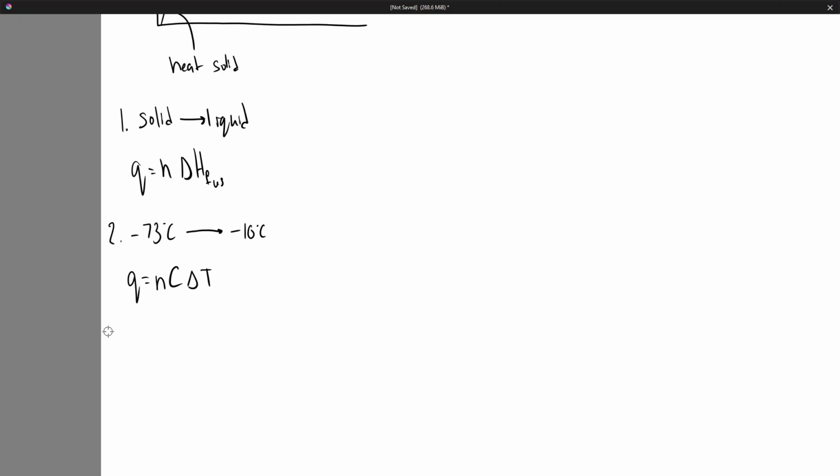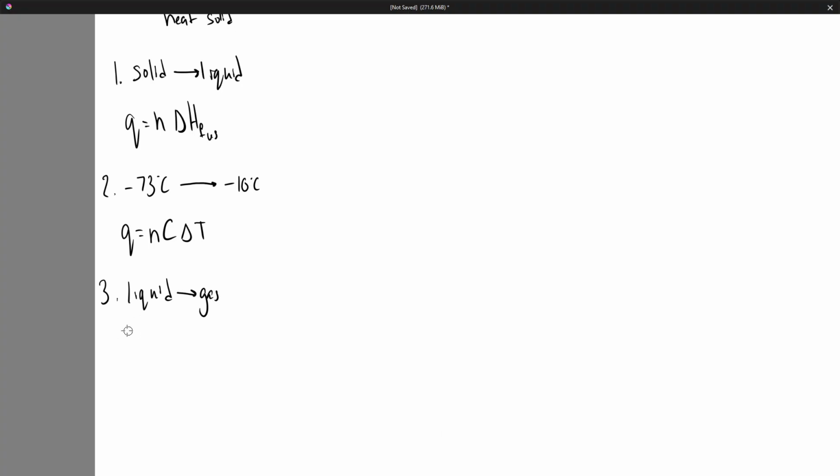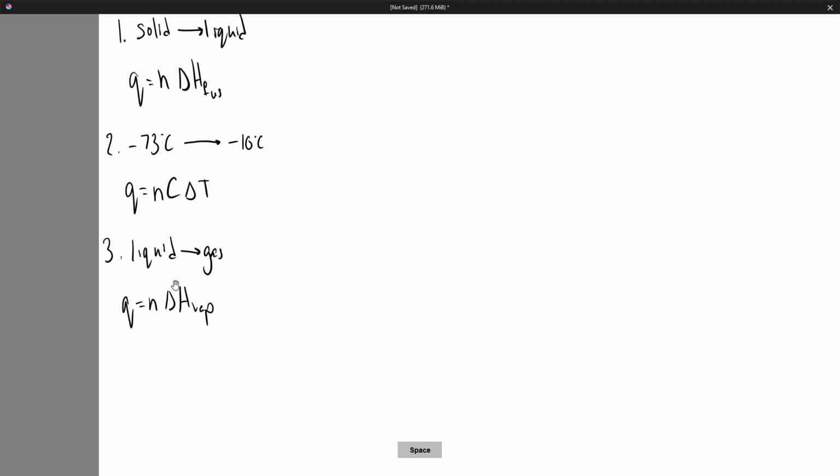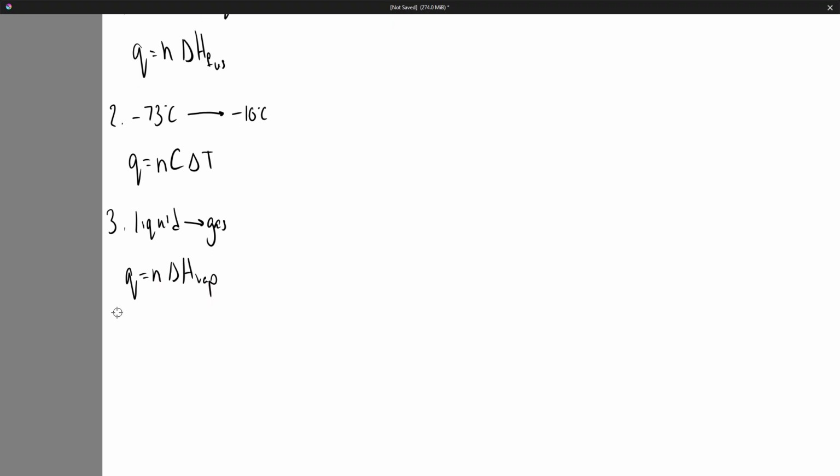Third step is you're at the boiling point, which means you're at a phase change. So you're going from liquid to gas. Since you're at a phase change, you use Q equals N times heat of vaporization. And now you want to heat it up at the boiling point, negative 10 degrees Celsius, until you reach 60 degrees Celsius.